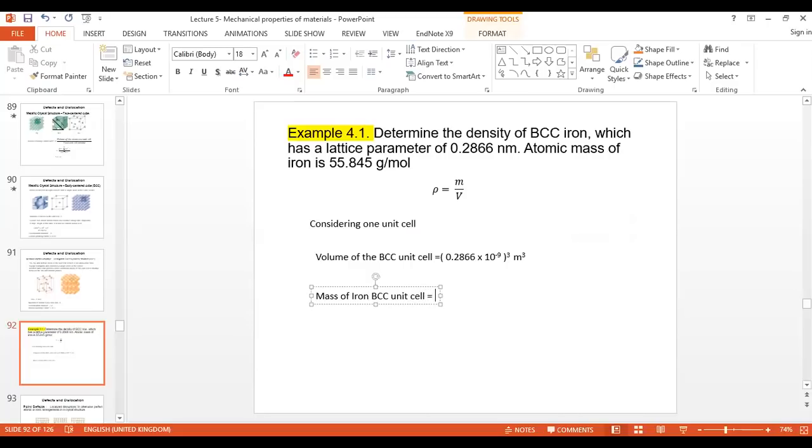How do you find it? So the atomic mass is 55.845 grams per mole. That means how many atoms?